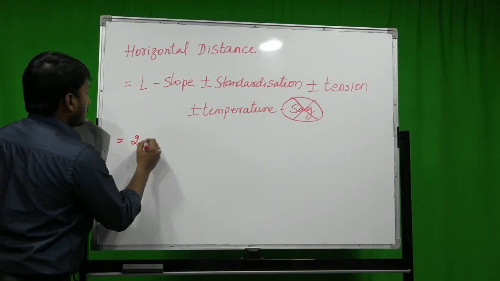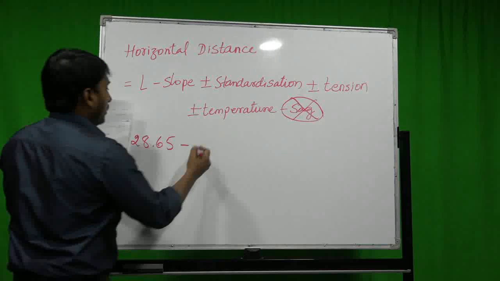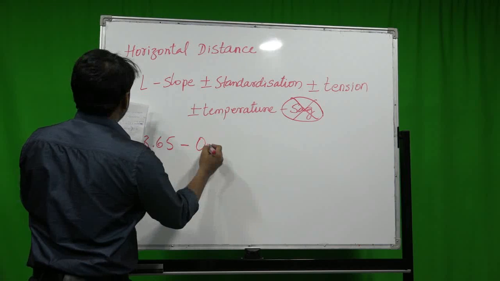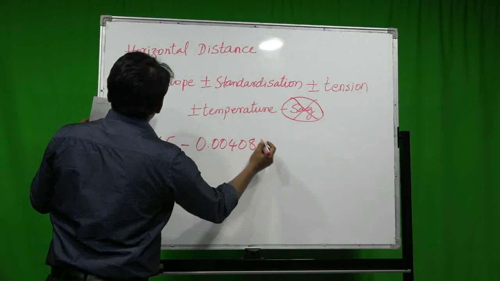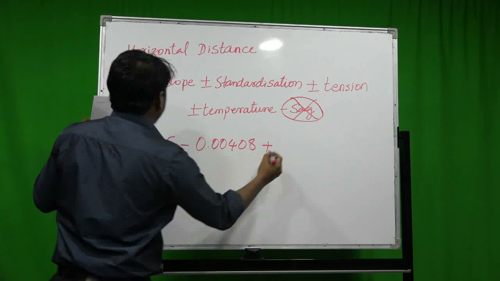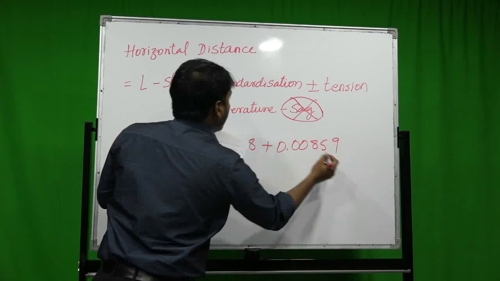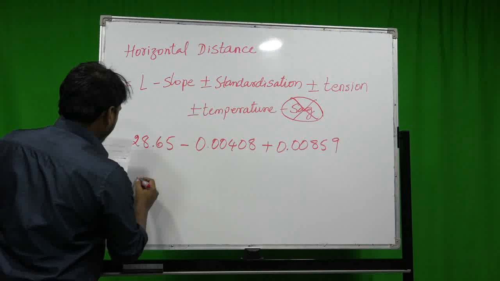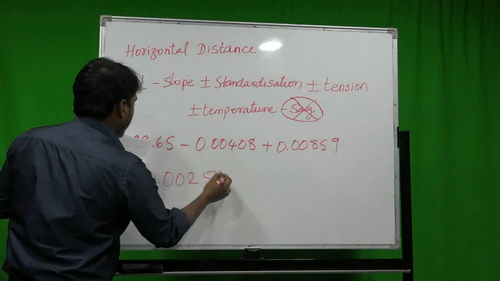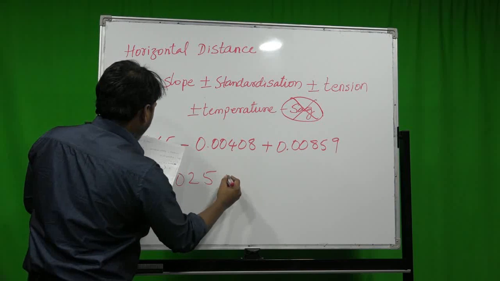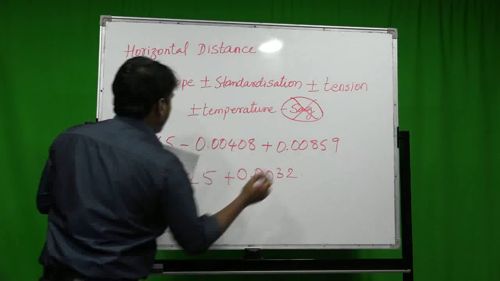The original length is 28.65. The slope correction, I just changed into decimals, 0.00408, plus the standardization correction 0.00859, and the tension correction 0.0025, and the temperature correction 0.0032.